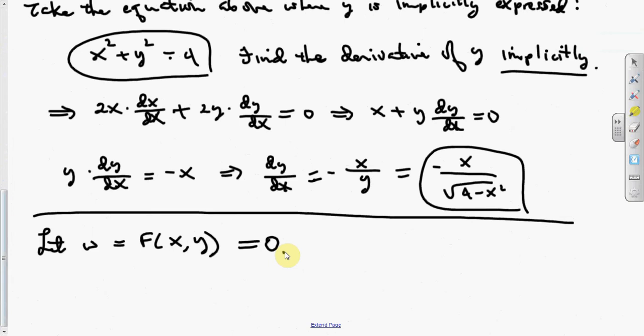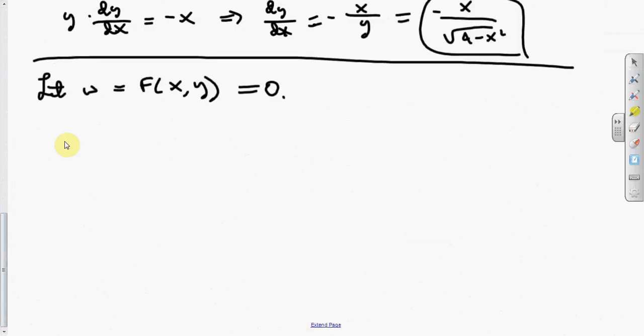We'll talk about that later, I believe in chapter 15. So now what we want to do is find the derivative of w, dw over dx. Notice here that y is equal to little f of x, so the ultimate independent variable is x.